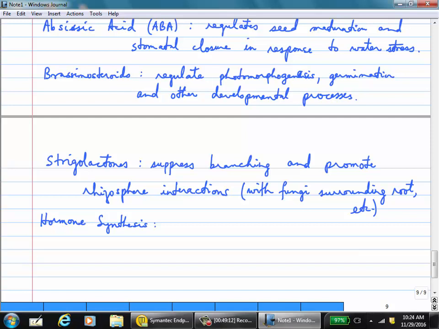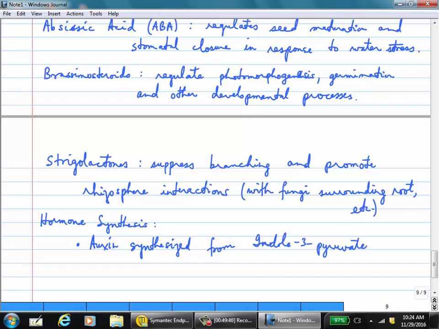So, if you look at hormone synthesis, auxin is synthesized from indole 3-pyruvate. And where did we see pyruvate when we were discussing what? Glycolysis, yeah.